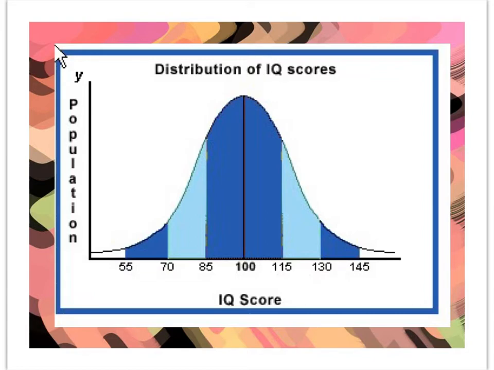The average IQ score, so that mean, median, and mode, would be 100. The standard deviation on most IQ tests is 15. So you'll see I add 15: IQ of 100, add 15 to 115, add another 15, I get 130, add another 15, 145. I subtract on this side: 85, down to 70, to 55.